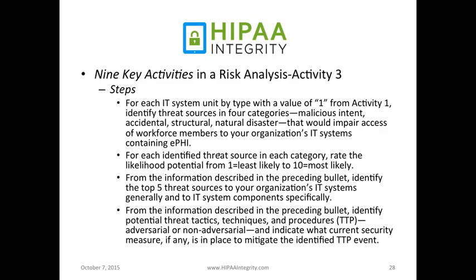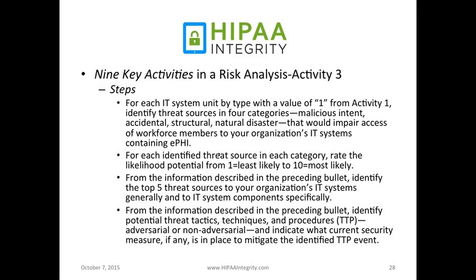All right, so for each IT system that you've identified earlier with a value of 1 from activity 1, which means you have EPHI, you're going to identify threat sources in 4 categories: malicious intent, accidental, structural, and natural disaster that would impair access by workforce members to your organization's IT systems containing EPHI. Let me give you examples in each of those categories.